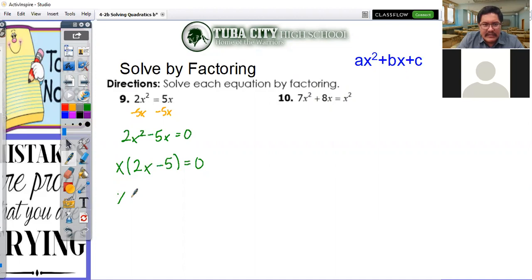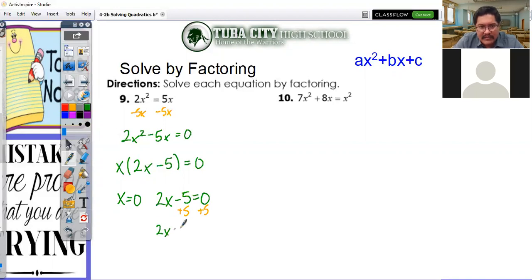So let's go ahead and set them both equal to 0. So x squared equals 0, 2x minus 5 equals 0. Now I'm going to go ahead and solve both of these. Well, actually, I only need to solve one because we already know that one is going to be 0.